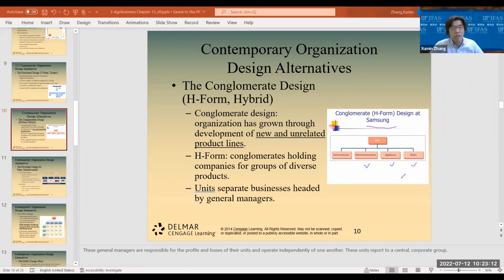Under the same roof, they have diverse products. It's easy to understand. Also, pros and cons. Centralized, right? They have a centralized authority, and the CEOs control everything. But also you will see the cons, because with all those shared supporting departments, it becomes a little bit bureaucratic.